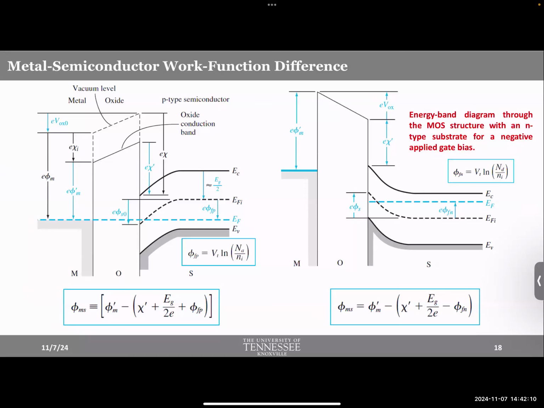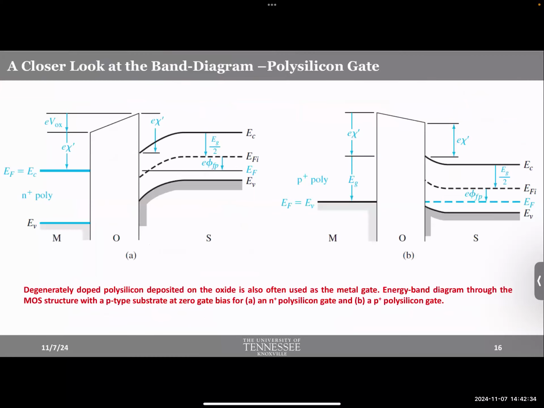I'm going to look for the metal-semiconductor work function difference. This is a very important parameter. It's a mouthful, I know, but you can express it as phi ms, the work function difference between metal and semiconductor. That's why ms, not master of science, metal semiconductor, okay? All right, anyways, so we'll get to that.